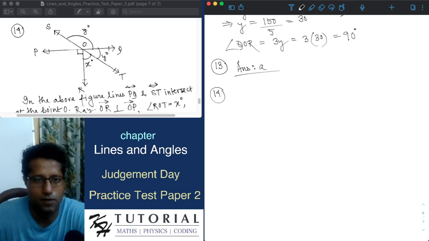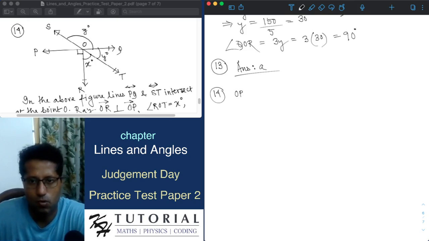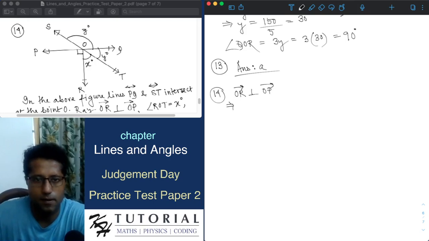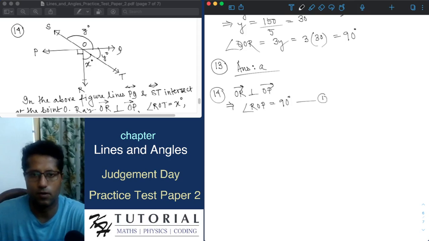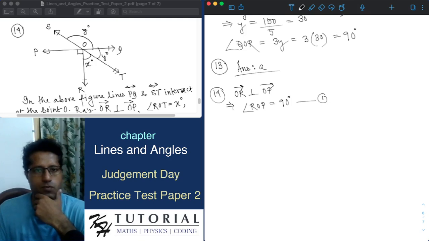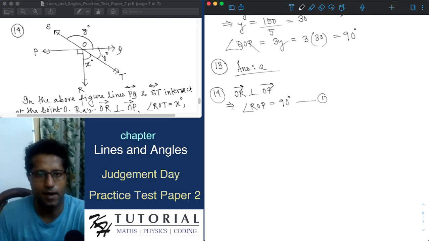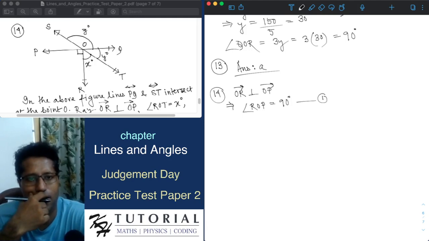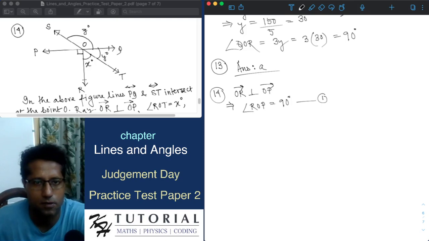From the figure, let's see what results we can get. The figure says that ray OR is perpendicular to ray OP. This implies that angle ROP is equal to 90 degrees. This is one fact we got. What else? PQ and ST are straight lines intersecting at the point O, so we can have vertically opposite angles.